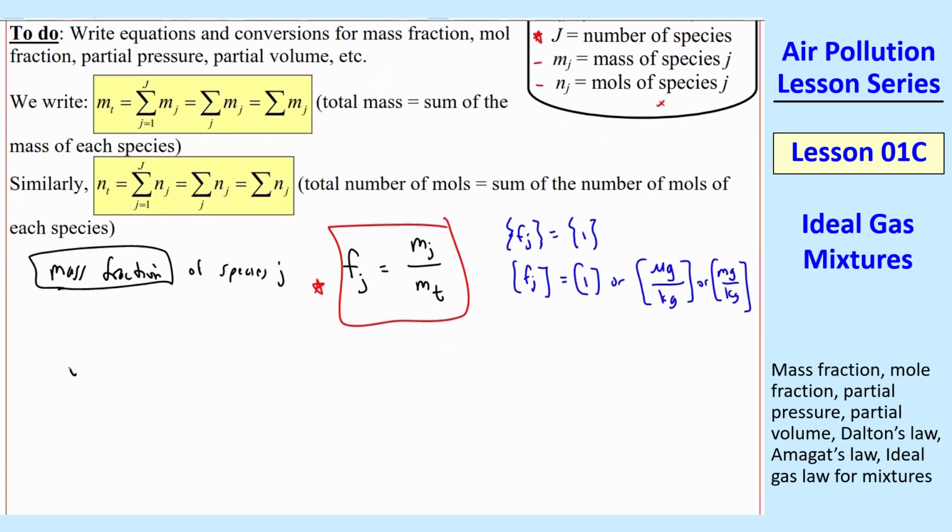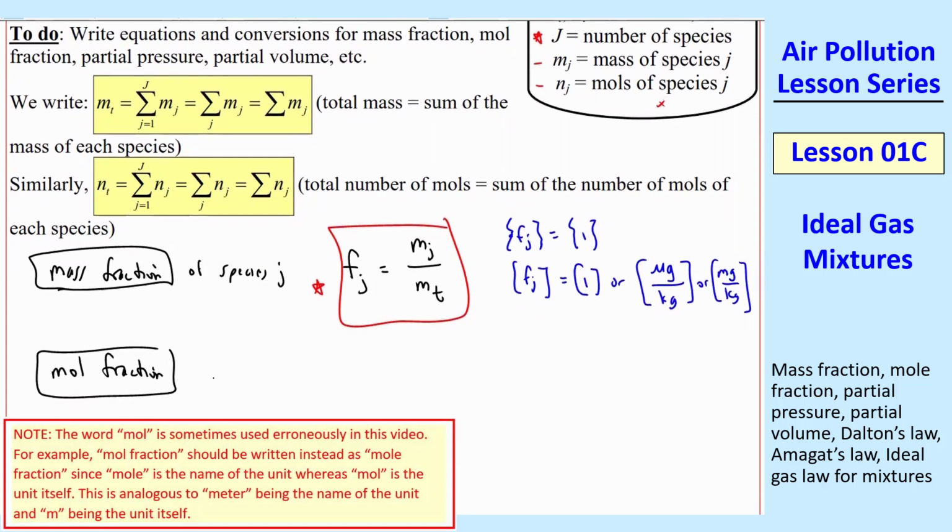Similarly, let's define something called a mole fraction, and that's, again, of species j. We'll use the notation y_j equal n_j over n_t. So just like the mass fraction was defined, it's the number of moles of j over the total number of moles.